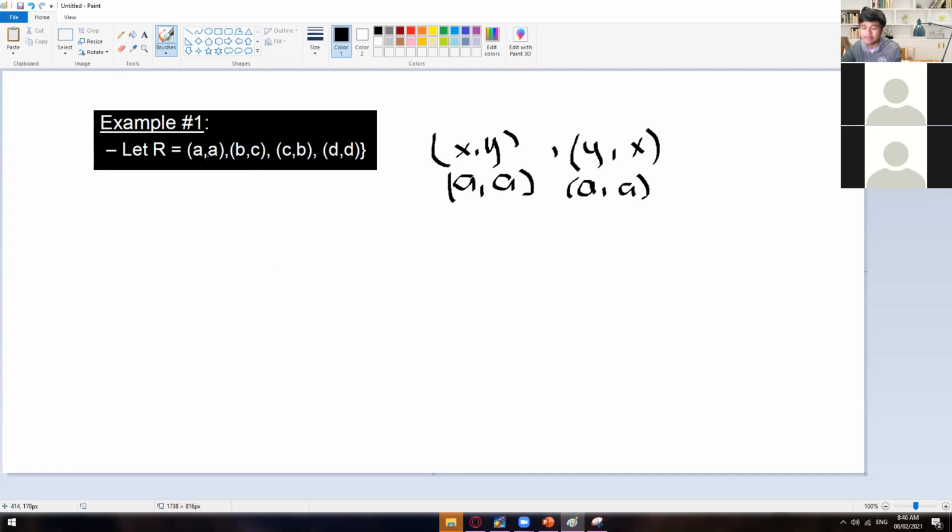So that is why if it's a reflexive ordered pair, then it is also already a symmetric ordered pair. All right, so are we clear on that? So this one is already considered a symmetric ordered pair. Did you guys understand that one?